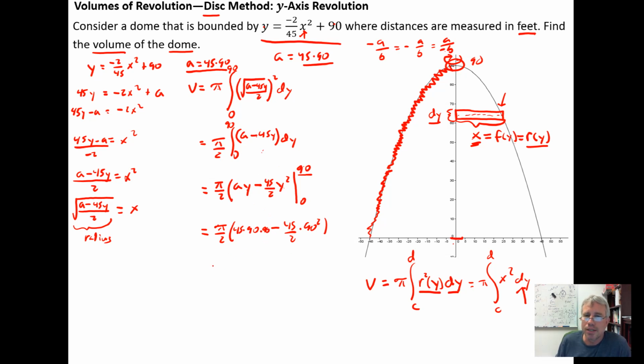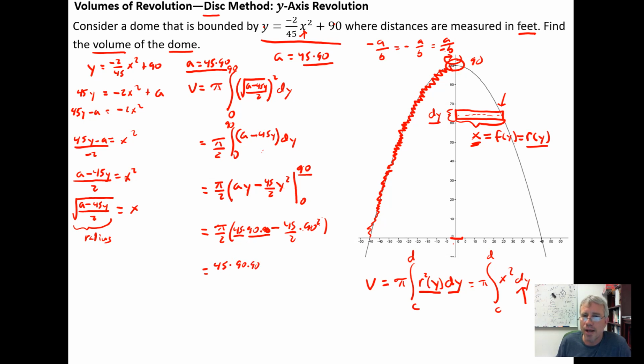And then if I look at this, I want to recognize I have 45 times 90 squared minus 45 times 90 squared. So 45 times 90 squared shows up in each of the two terms, which means I can factor it out front. So I really get 45 times 90 times 90.